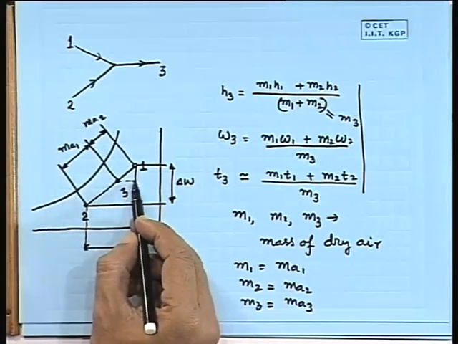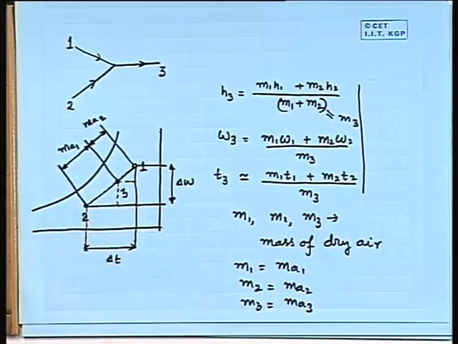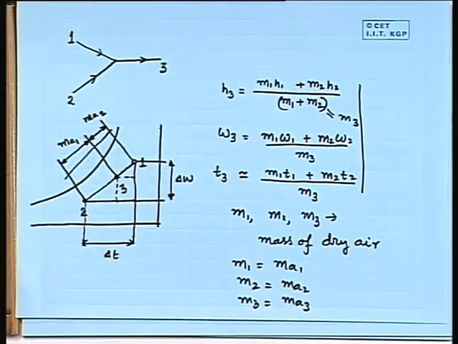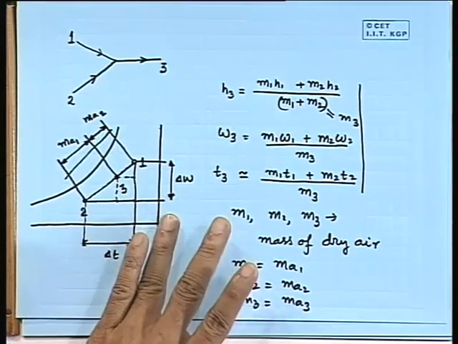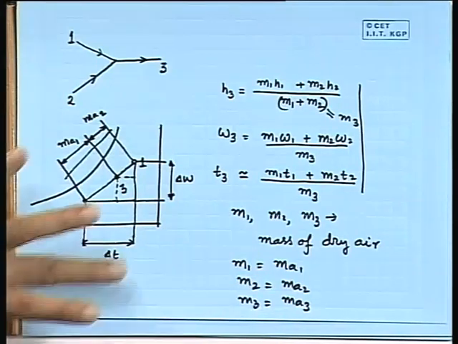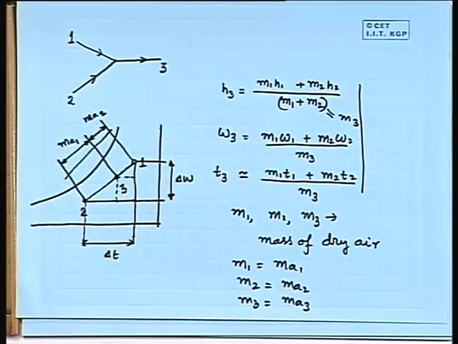See, this slant line is the change of enthalpy, because we have the enthalpy scale somewhere here. So, this indicates the change of enthalpy, this indicates the change of specific humidity, and this indicates the change in dry bulb temperature.